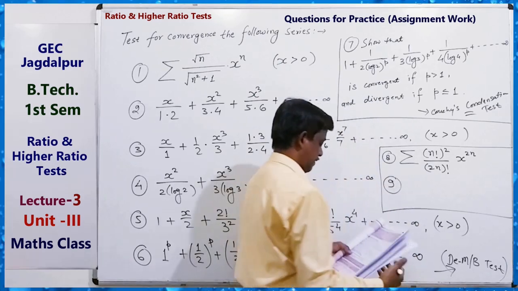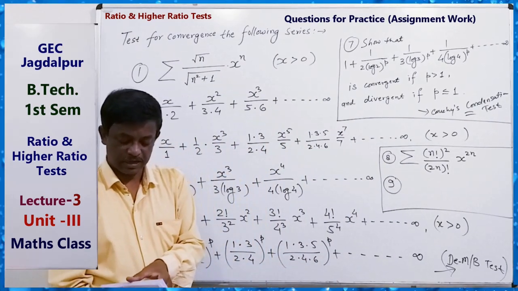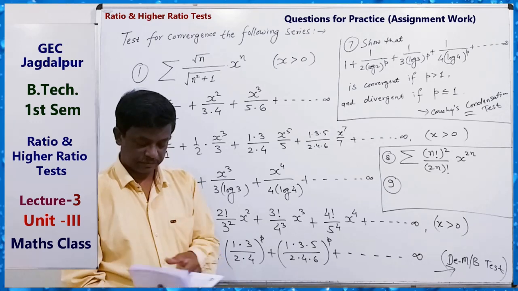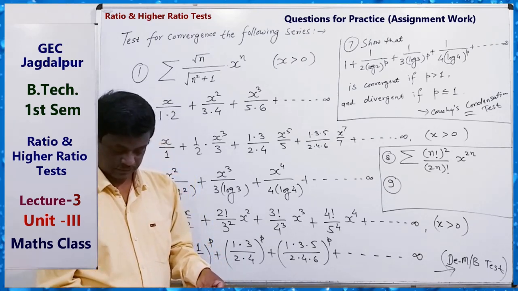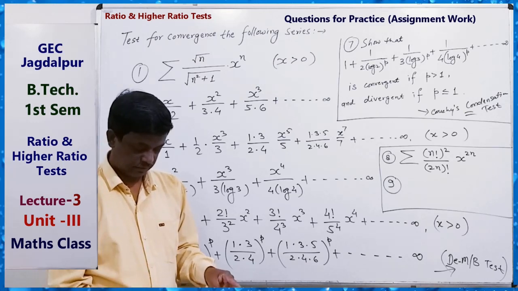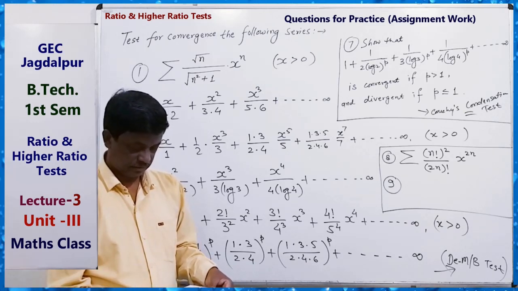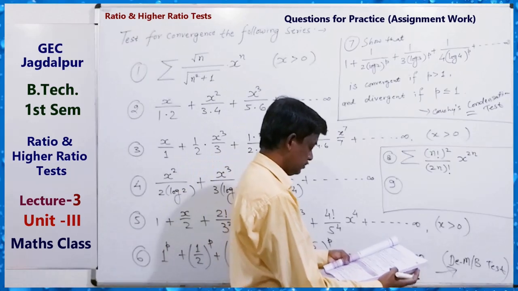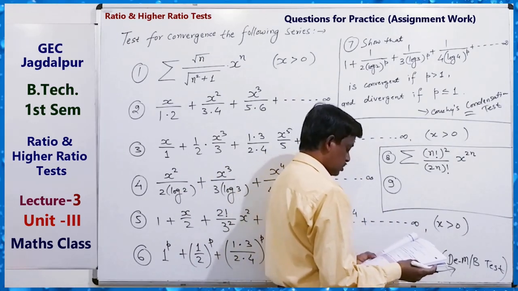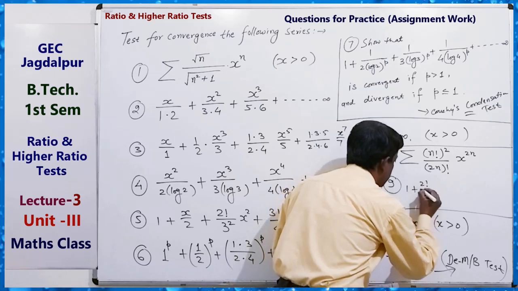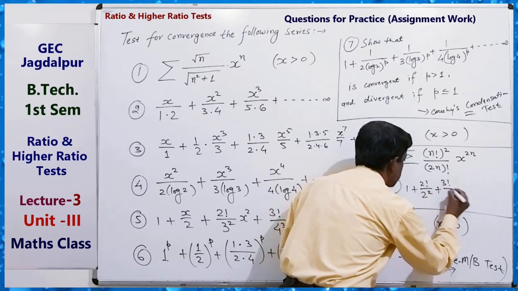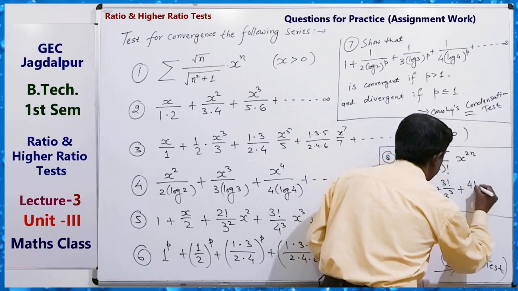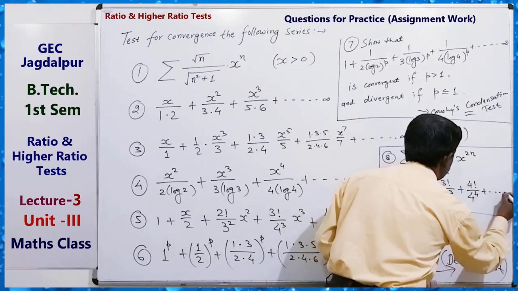And question 9 is: 1 plus 2 factorial by 2 square, plus 3 factorial by 3 cube, plus 4 factorial by 4 power 4, and so on.